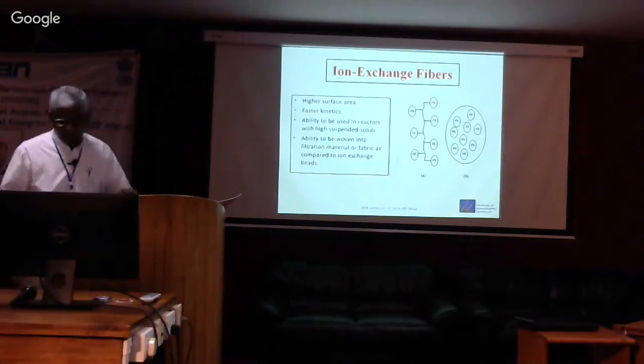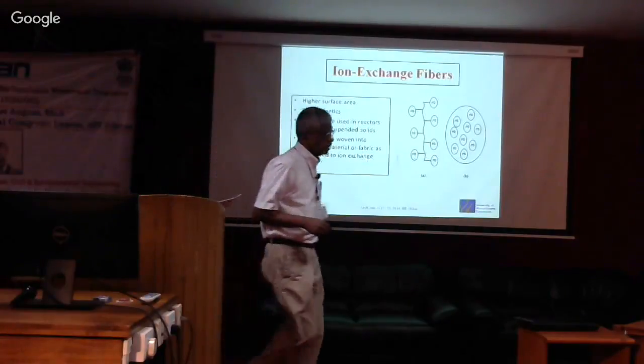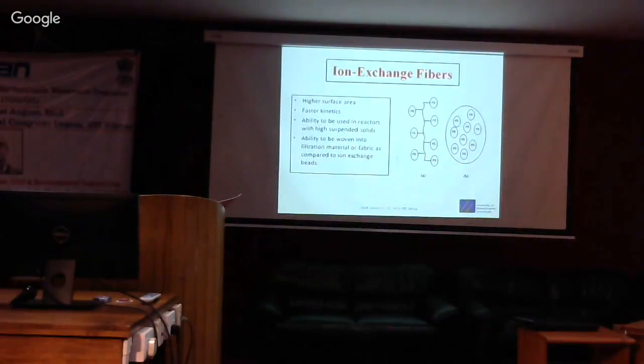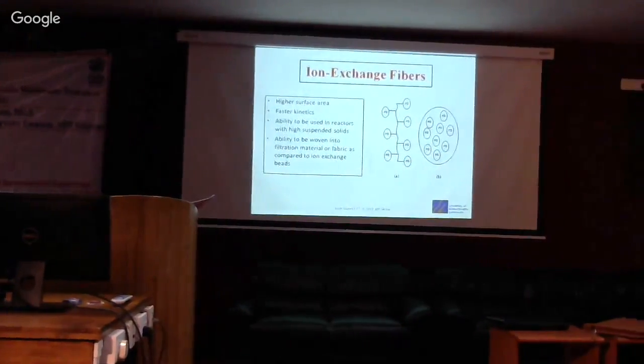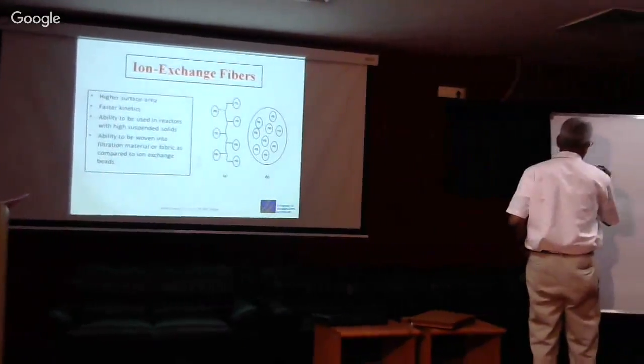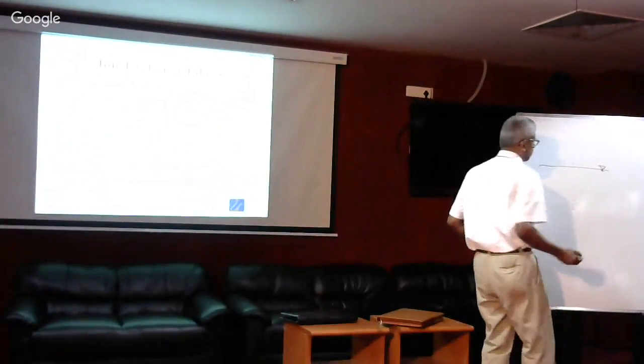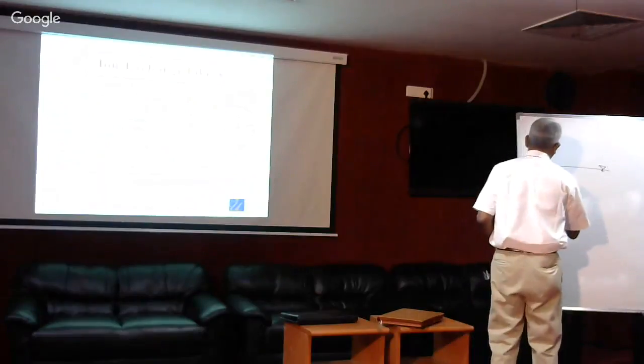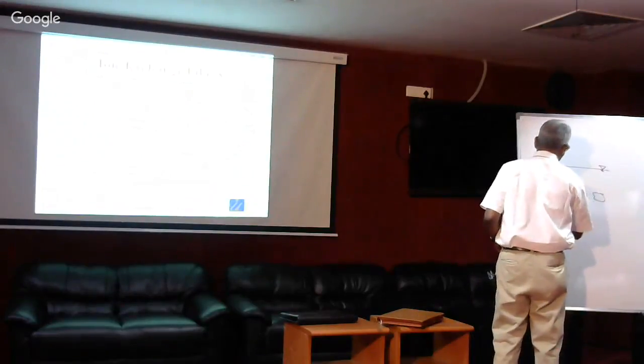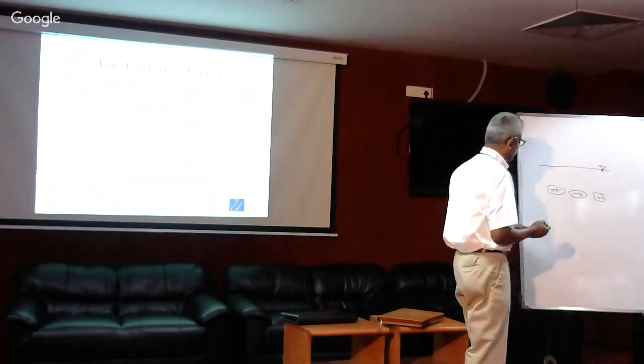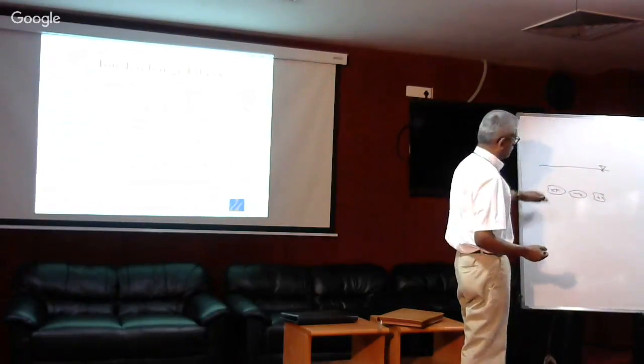So what I'm trying to say is, if I can draw it, I'm looking at a longitudinal profile. Let's say this is your water surface, and you have these sediments. Now, of course, this is under saturation.